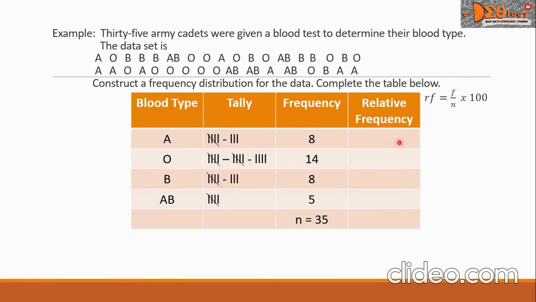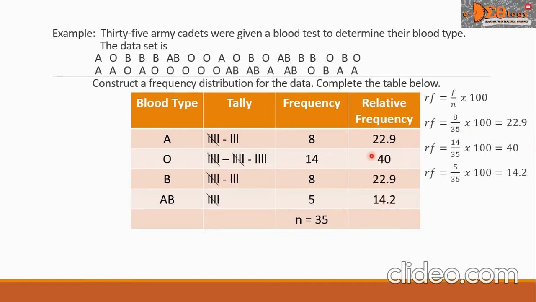So for the first blank, we're going to have this number 8 divided by 35 times 100. And this is equal to 22.9. This value we will copy on the first blank. So there we go. And then we will use this same formula to compute for our remaining relative frequency.